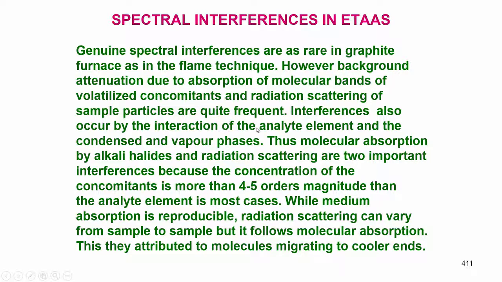Interferences also occur, but by the interaction of the analyte element and condensed vapor phases. Molecular absorption by alkali halides and radiation scattering are two important interferences, because the concentration of the concomitants is 4 to 5 orders of magnitude more than the analyte element in most cases. You ponder over this sentence some more.